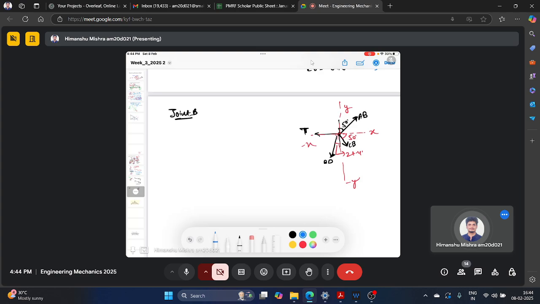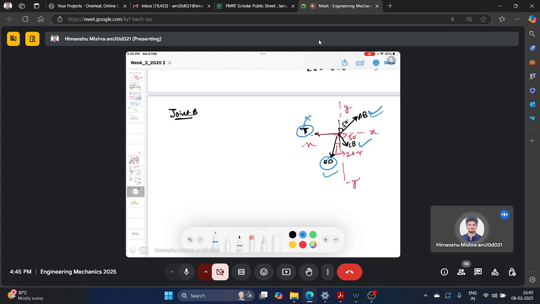Right, so we can write down. If I use the summation of force in the x direction, then I need to consider the tension. Since the only unknown force of interest is BD, and we already know AB and CB, if I use the summation of force in the y direction, we don't need to consider this tension force. So the equation can be written in terms of BD, AB and CB.